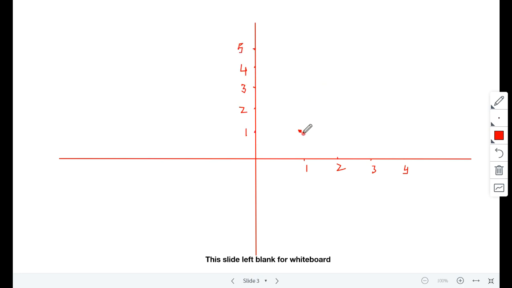First coordinate is 1 comma 1. Second is 2 comma 5. That's somewhere here. And third is 1 comma 4. So 1 comma 4 is here. I have located all three coordinates, and then I just have to join them together because it's actually a triangle.